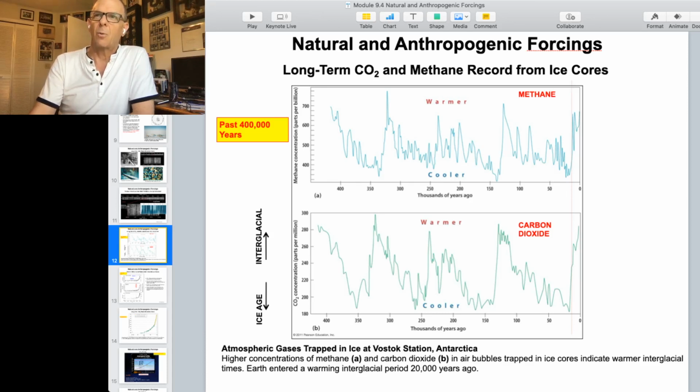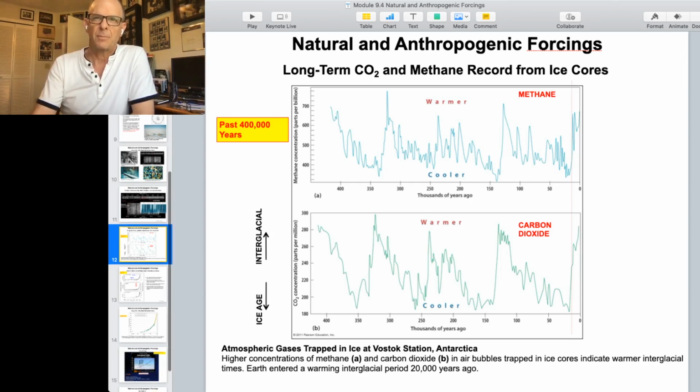And what you see here, we're still just looking at methane and CO2 concentrations from these air bubbles going back in time. You can see that methane and carbon dioxide are doing about the same thing, fluctuating in tandem with each other. When one goes up, the other goes up, and vice versa.